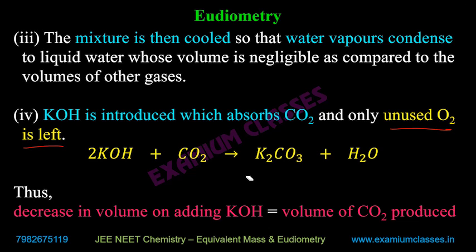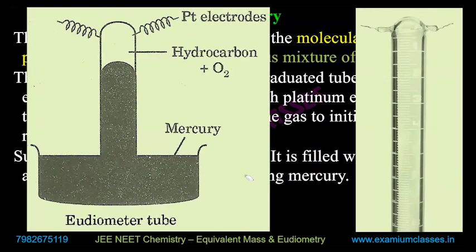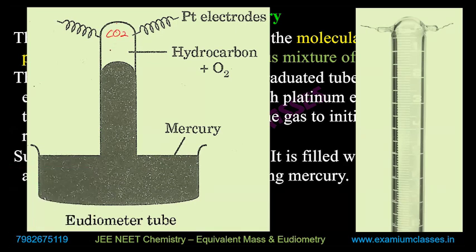So remember what I am saying. In this apparatus, after cooling, whatever the volume is here, that volume is due to CO2 and O2, because H2O has been liquefied. After the reaction I am talking about.